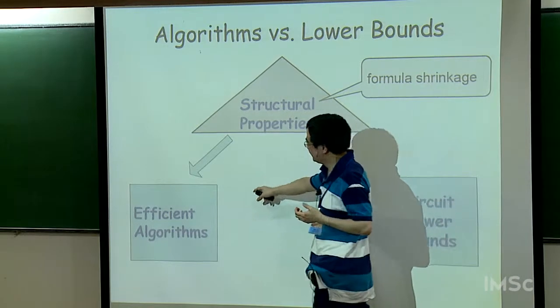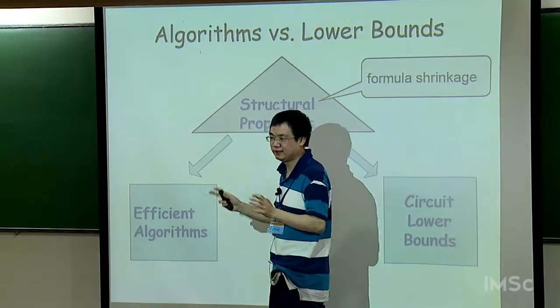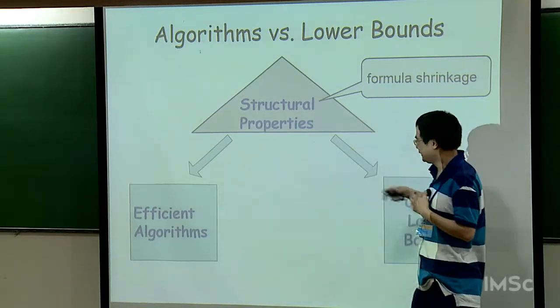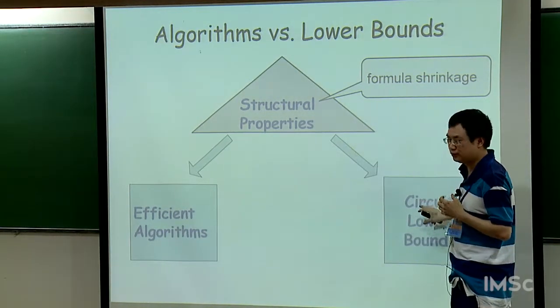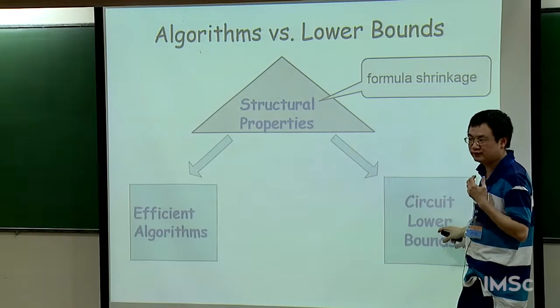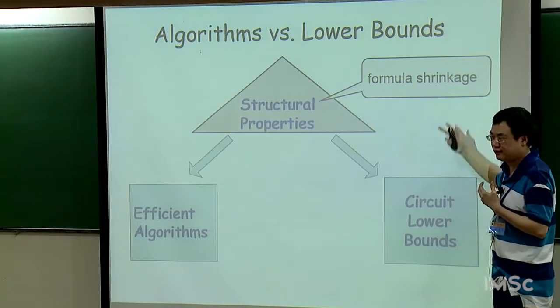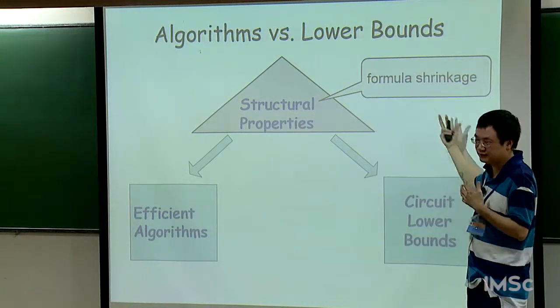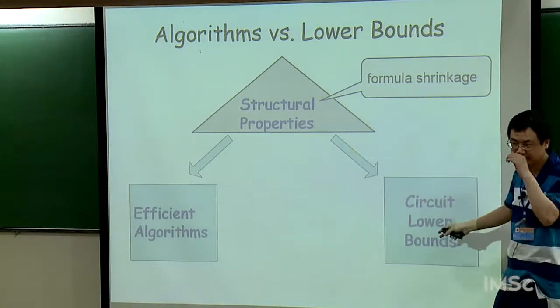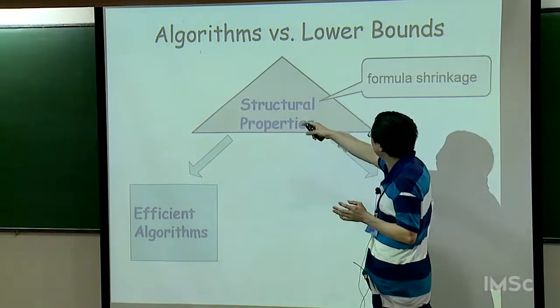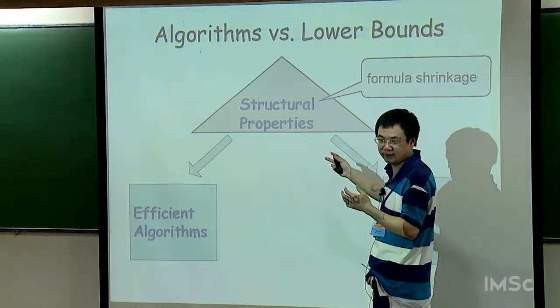On the one hand, we use that property to design a better than brute force satisfiability algorithm. On the other hand, we use that property to prove lower bounds: for the worst case lower bound, we have expected shrinkage; for the average case lower bound, we need concentrated shrinkage. So this falls under the paradigm of connections between algorithms and lower bounds.